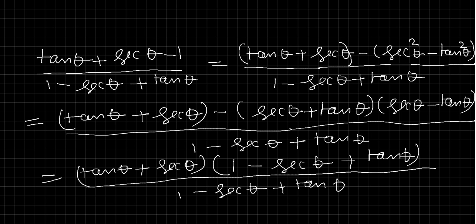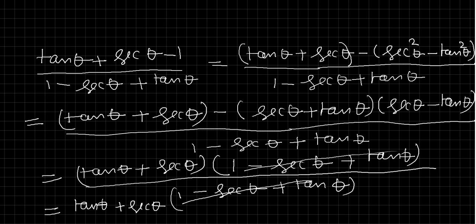Now we look at this: 1 minus secant theta plus tan theta in the numerator and in the denominator, so these two cancel out. So you get tan theta plus secant theta.